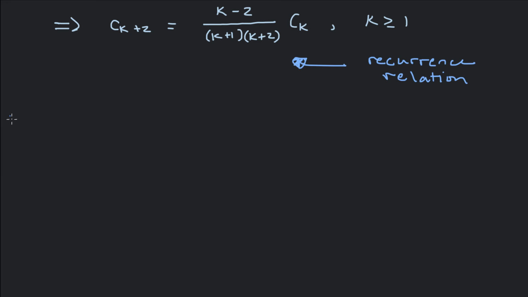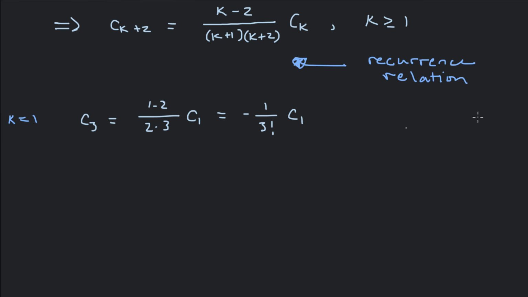So let's start off with k equals 1. If we plug in k equals 1, we get C3 equal to 1 minus 2 over 2 times 3 C1, which is equal to negative 1 over 3 factorial C1.